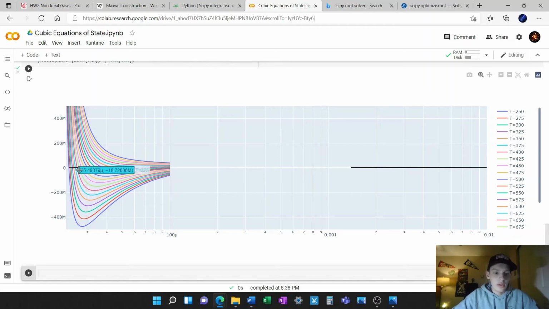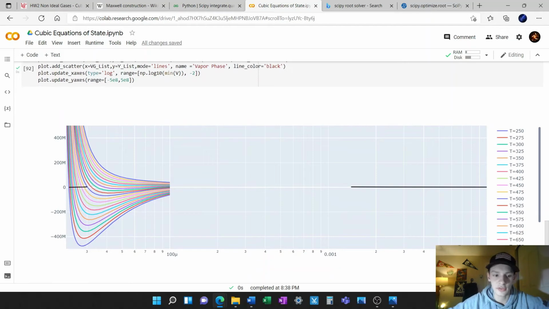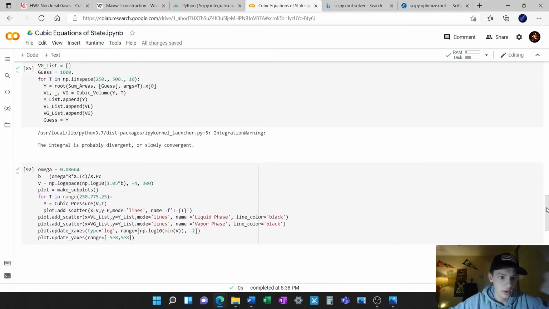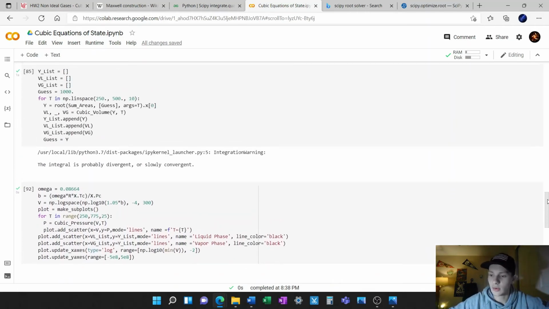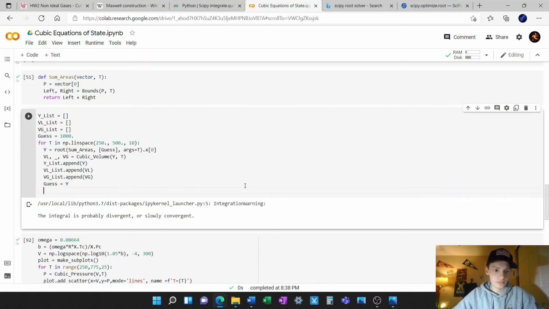Okay, so the next thing we have to do is get these two to meet for our envelope. What we have so far is pretty good, but as you can see, we need to connect these two. That's definitely a tall order. What we need to do is just have them connected by adding lists together. And that makes obvious sense for our volumes because we have one specific volume axis, so we can just have one list.